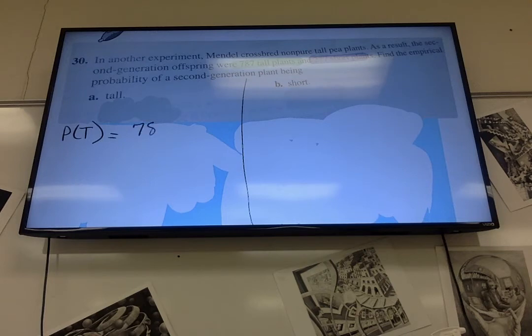And Angela, what goes on bottom? The tall plants and short plants added together. Yep, the total. So 787 plus 277. I got 1064.